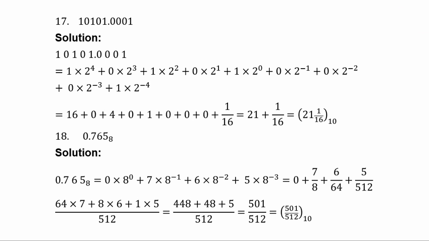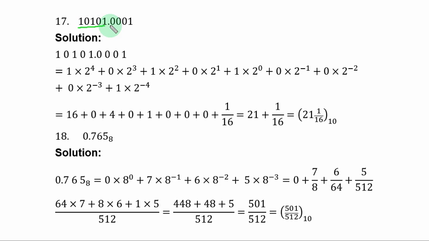Example 17. We have this number 10101.0001. The given digits indicate base 2, binary base.